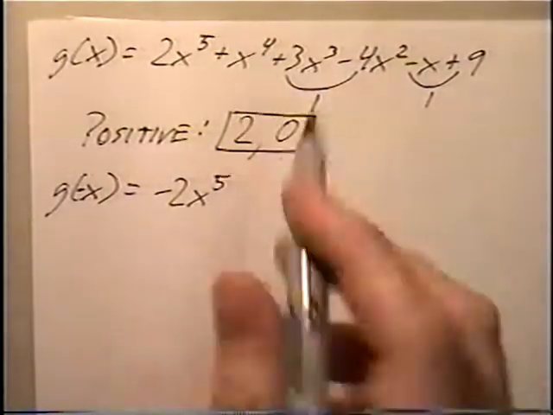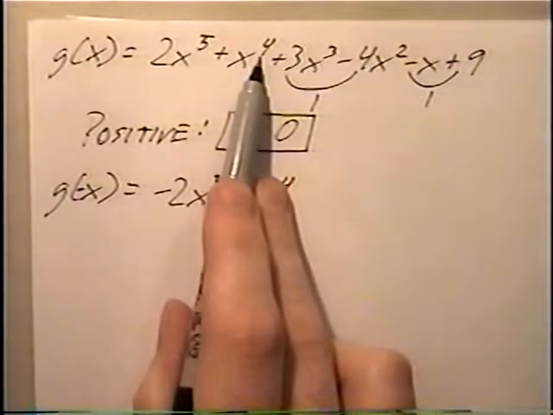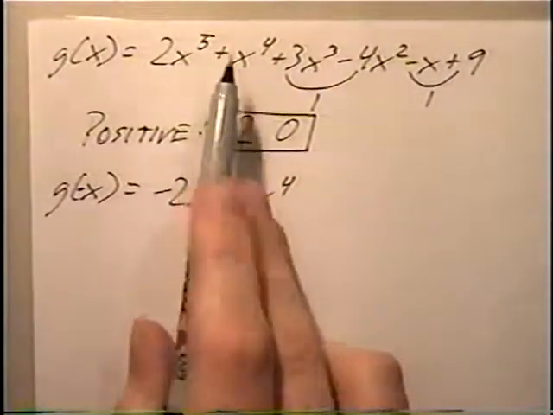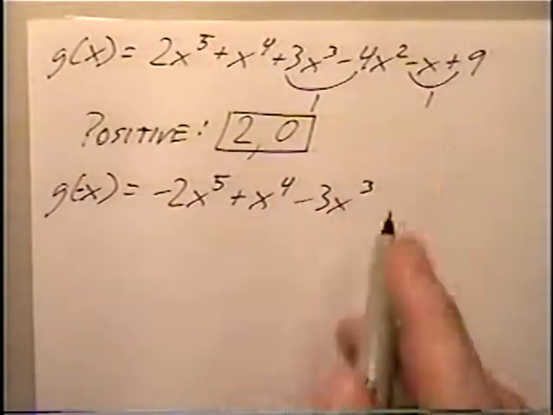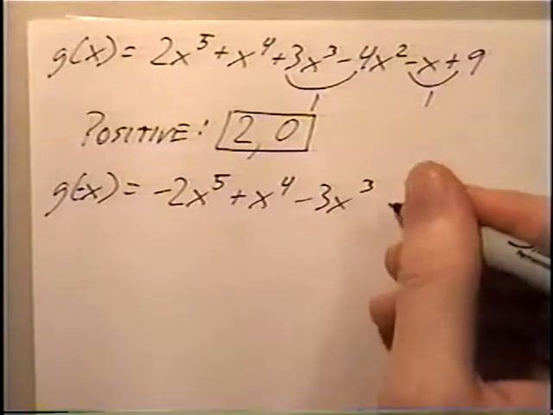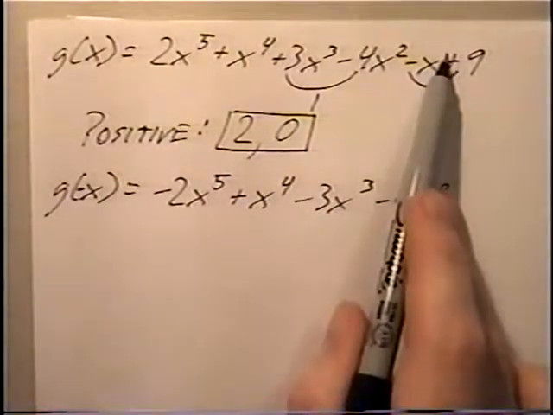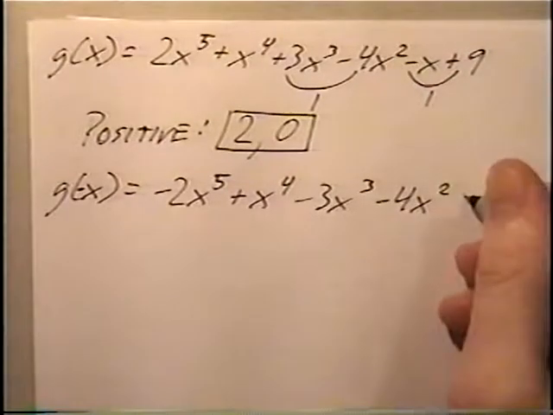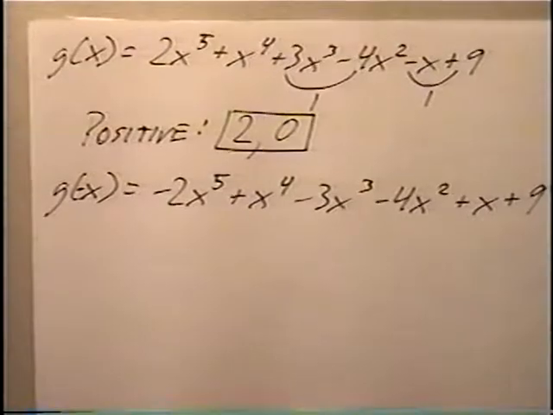Any even powers stay the same, because a negative to the 4th power would still be positive. Odd powers change. Even powers stay the same. X is like x to the 1st, so that's the odd power, which would change. And if it does not have a variable like positive 9, it just stays the same.